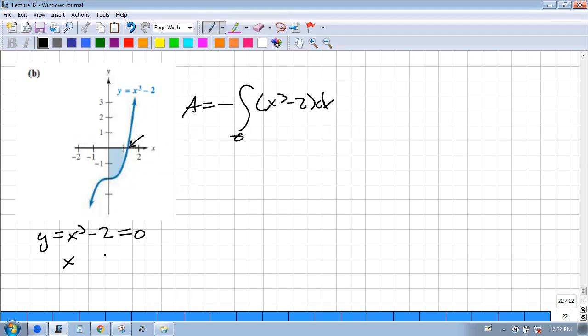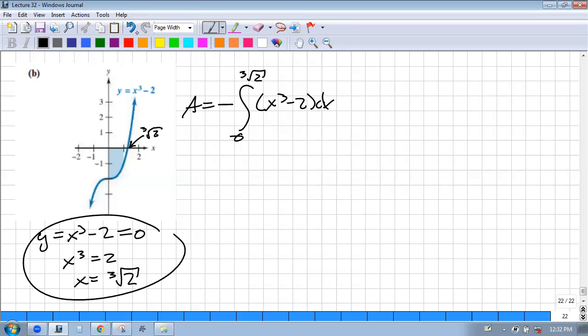So x cubed equals 2, so x is the cube root of 2. We need to go to the cube root of 2. They didn't tell us outright. We had to do a little math, but y'all know this basic stuff, right? Figuring out where the function crosses the x-axis. It's old school.